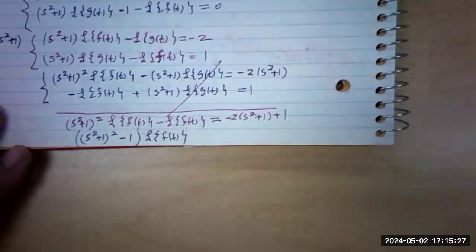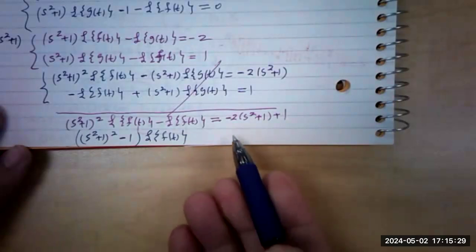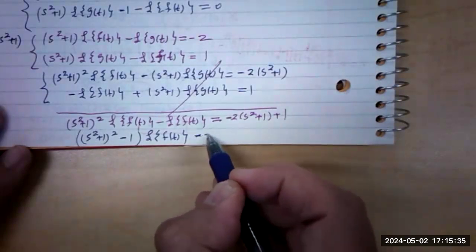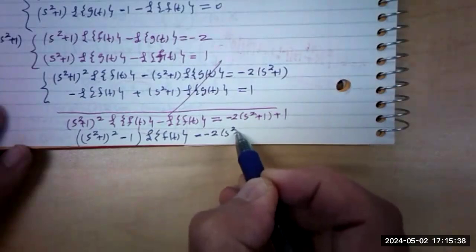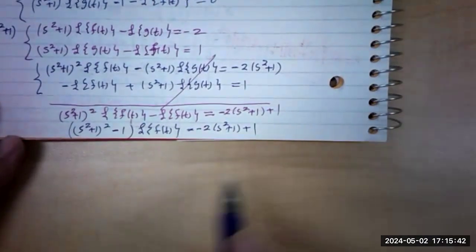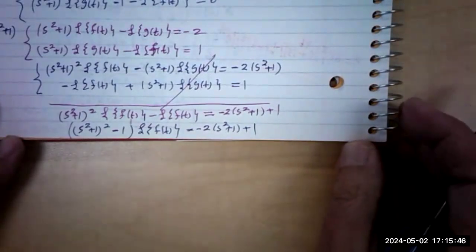That is going to be the case. And if you like, you can multiply that one and simplify it, or just do it later, it doesn't matter. It's going to be negative 2 times s squared plus 1, plus 1. You divide both sides by this expression, and that gives you Laplace of f of t, and then you start working.